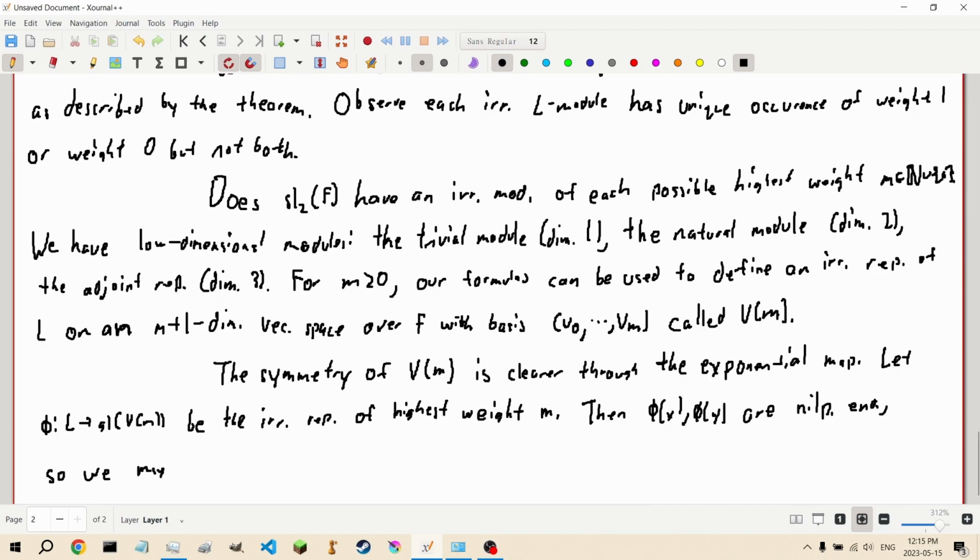So we may define an automorphism of Vm as tau equal to e to the phi of x times e to the phi of negative y times e to the phi of x, which is a construction we saw before, I think.